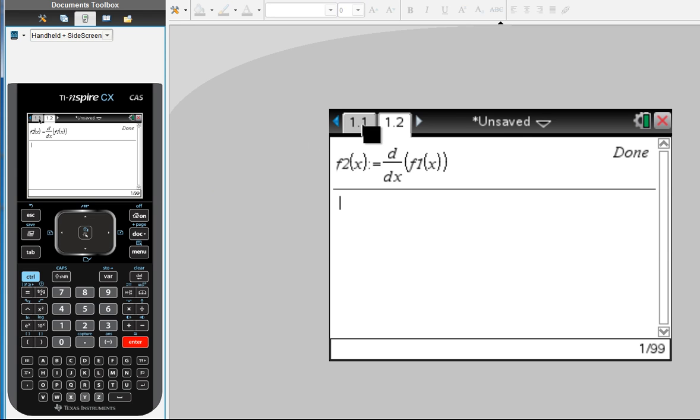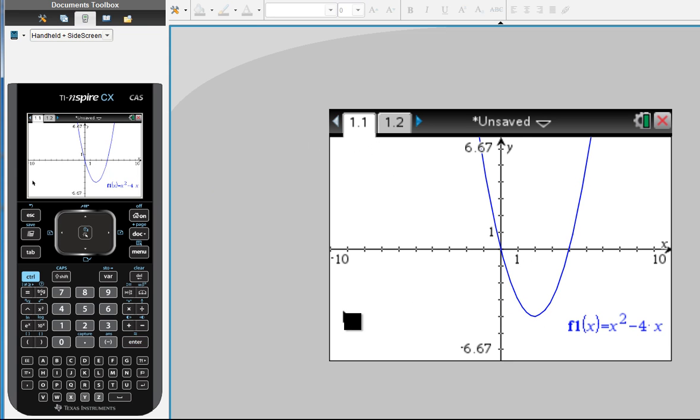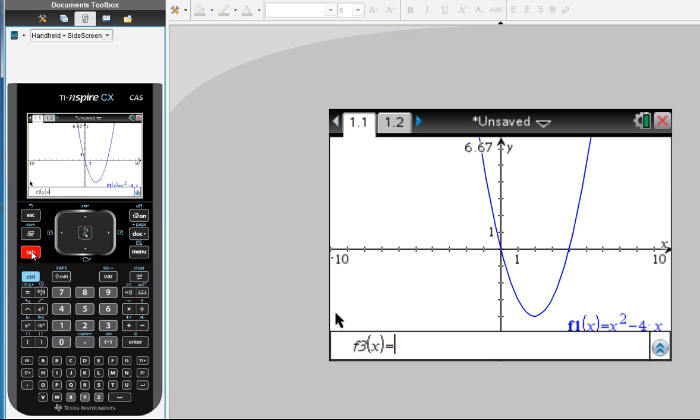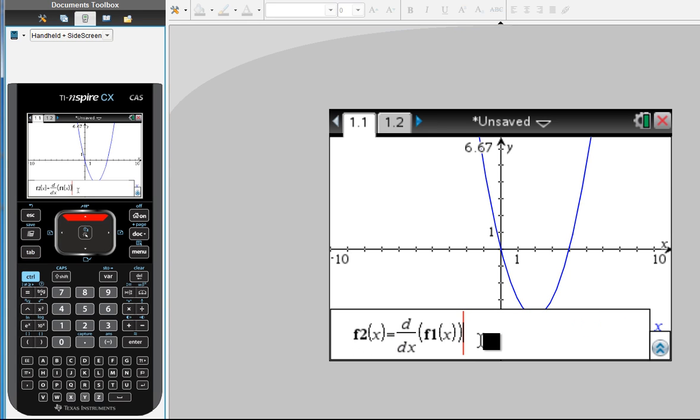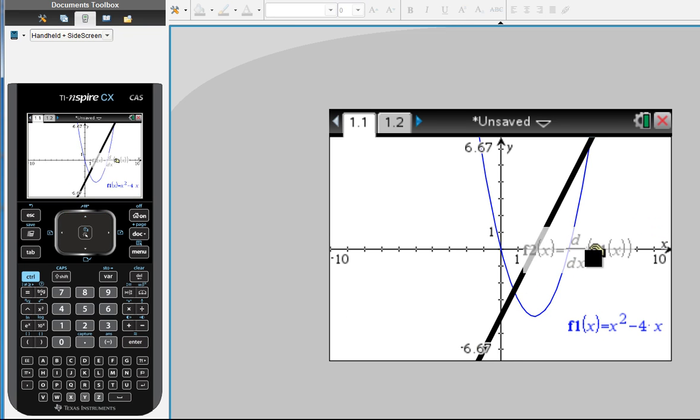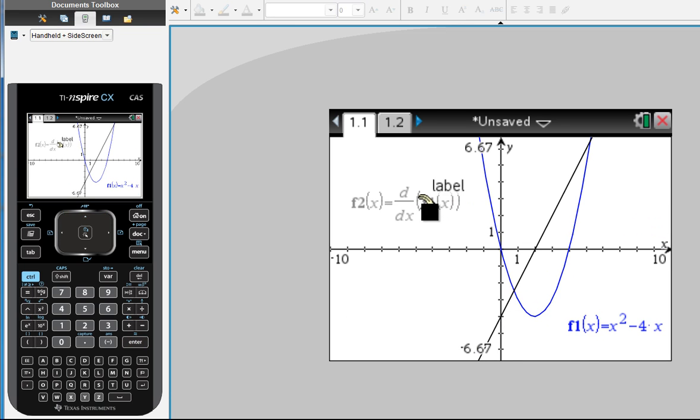Let's go back to the graph and tab and go up. Here we can see f2. Let's draw the graph. And there we go. Just as we suspected. Here we have a minimum, so the derivative has to be 0, which is true. And when x is greater than 2, it's going to be a positive derivative.